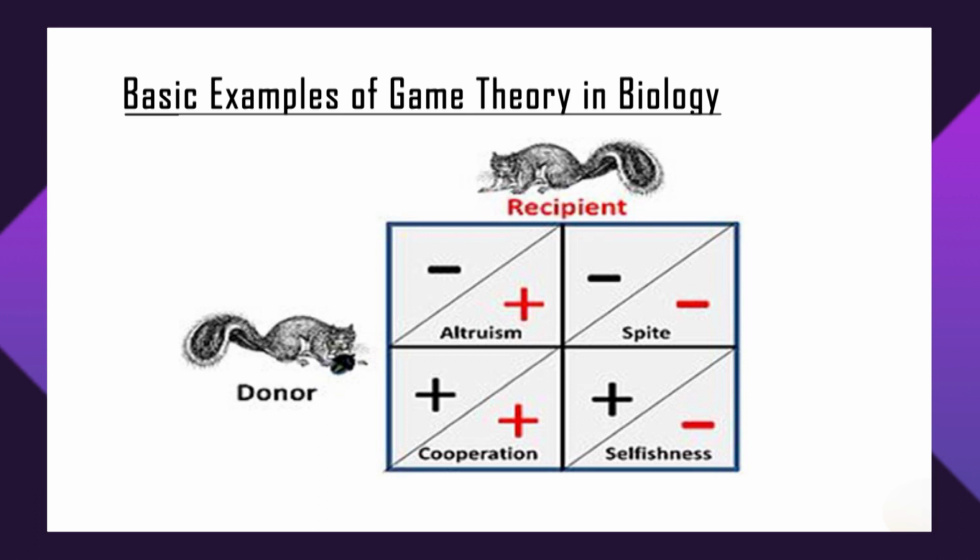In the matrix we know there are scalars and vectors only in the cells, but here there is no scalar and no vector, just the symbols minus and plus. Minus means the donor does not agree to donate the blood, but plus means the recipient agrees to accept the blood.